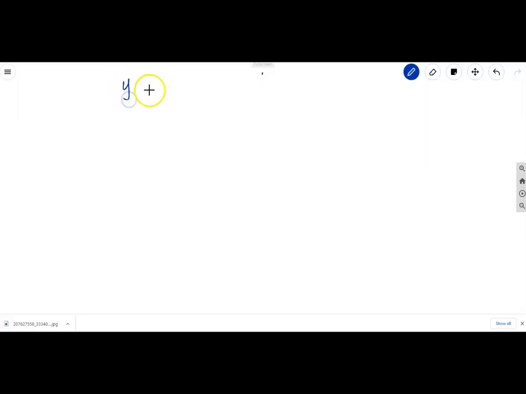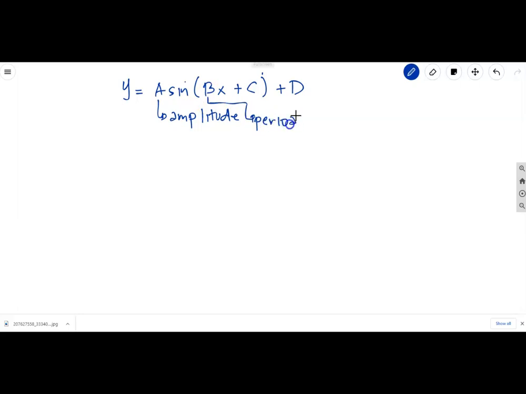We have the equation y = a sine (bx + c) + d. Here a is the amplitude, b determines the period, c is the horizontal shift, and d is the vertical shift.